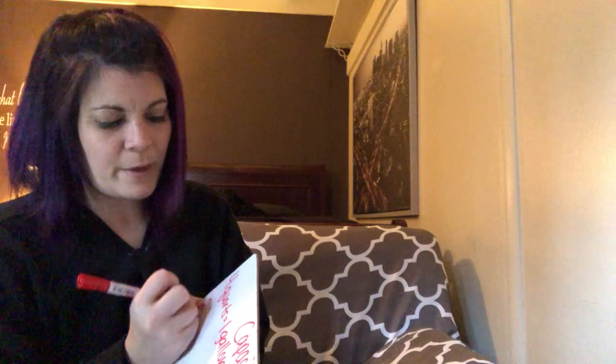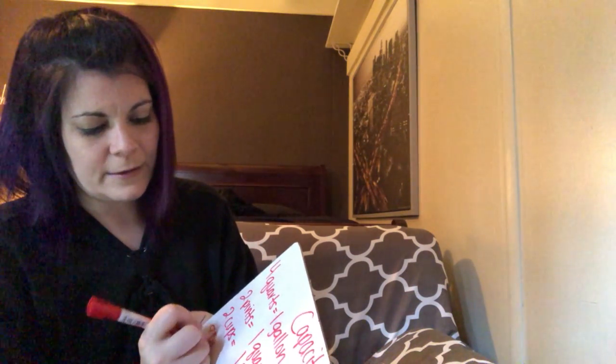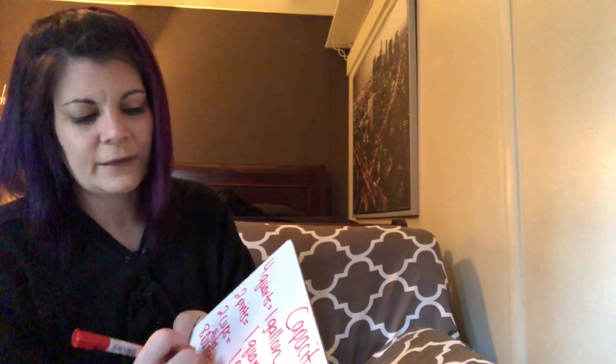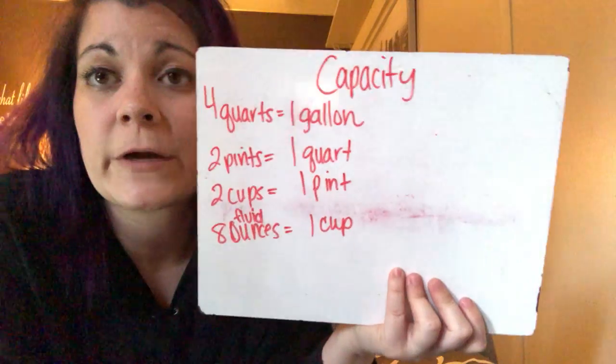You need to know 2 pints equal 1 quart. You need to know 2 cups equal 1 pint. And 8 fluid ounces, because there are ounces in weight too, 8 fluid ounces equal 1 cup. Okay, so here, write these down. Here are the 4 conversions you need to know for capacity.